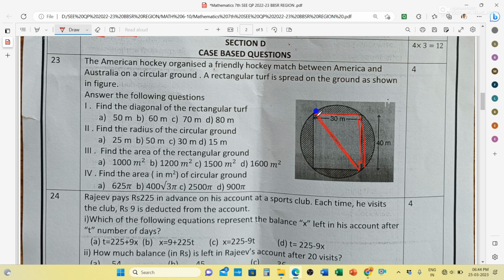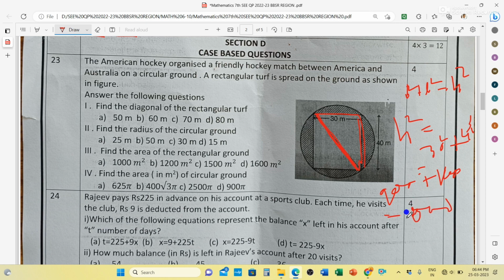So h square equals b square, that is 30 square, plus l square, that is 40 square. So 30 square is 900 plus 40 square is 1600, so it will give 2500.